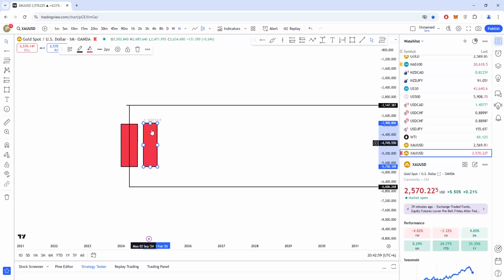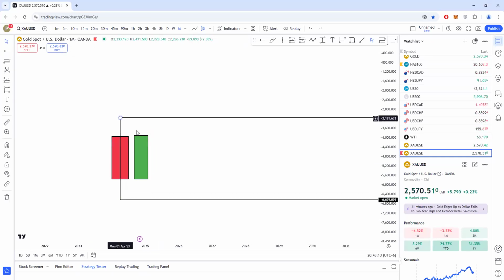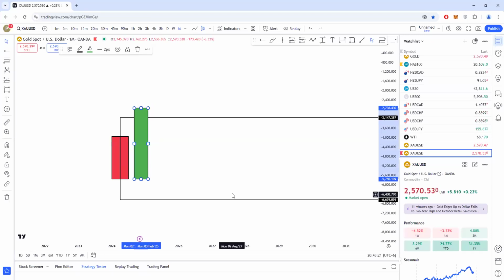Now, once you have this green candle, this high and this low will play a very big role here. Until this high is broken with a body, we are not going to call this particular shape an engulfing buy. Got it?